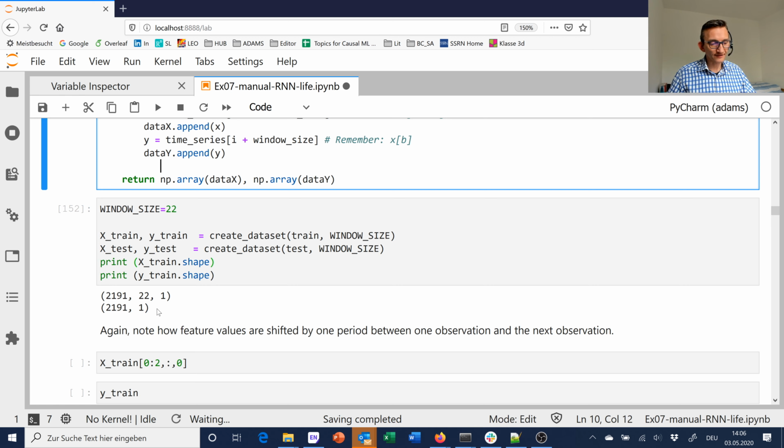And here's our result. We have Y for the training set. I'm printing only the training set because you may have noticed that the number of observations has just decreased. That makes sense. You might want to debug the function a little bit. It makes sense because we use 22 past prices as our x.